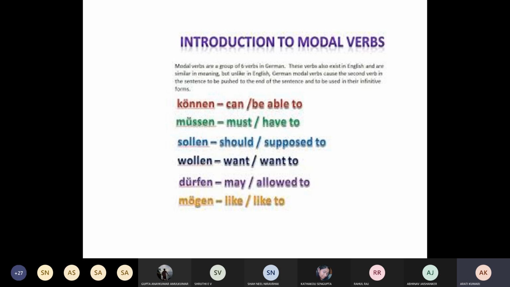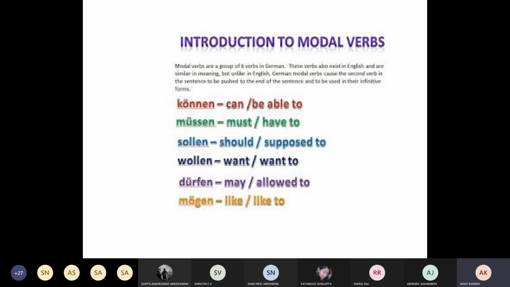There also you use the modal verb. You don't say can I sit here? We say, may I sit here? Darf ich hier sitzen? May I sit here?